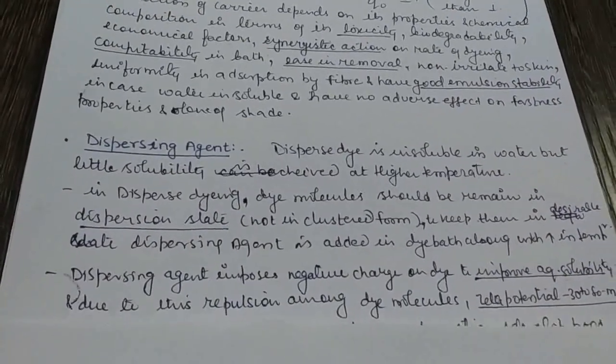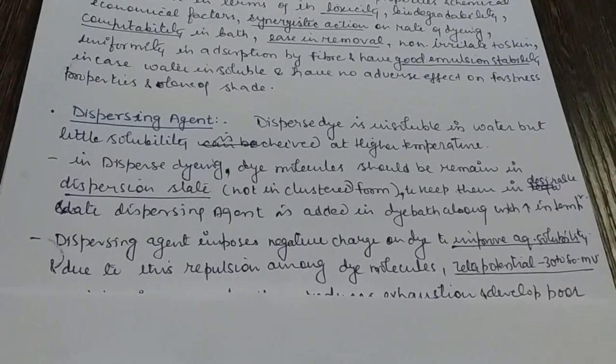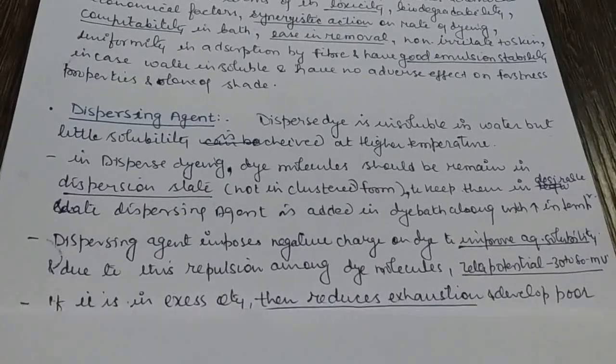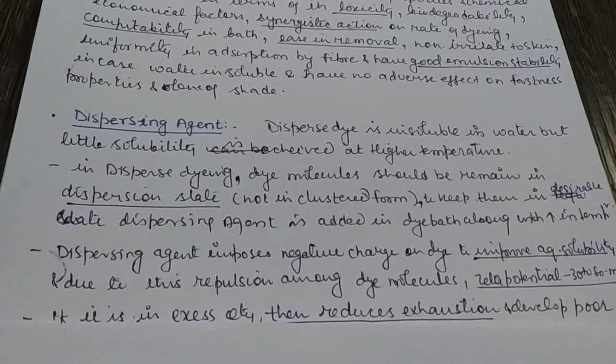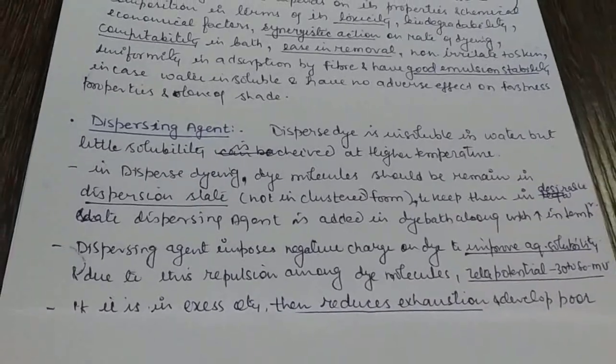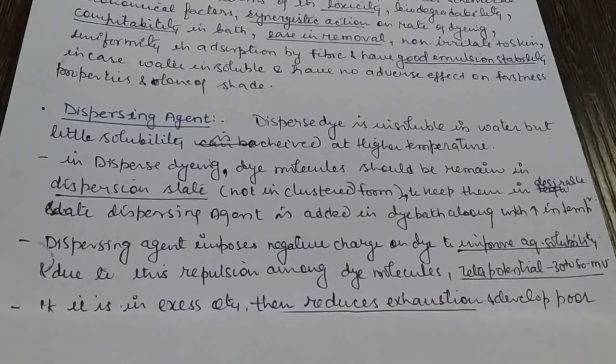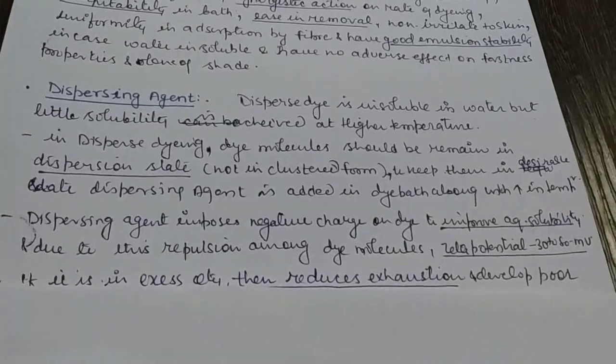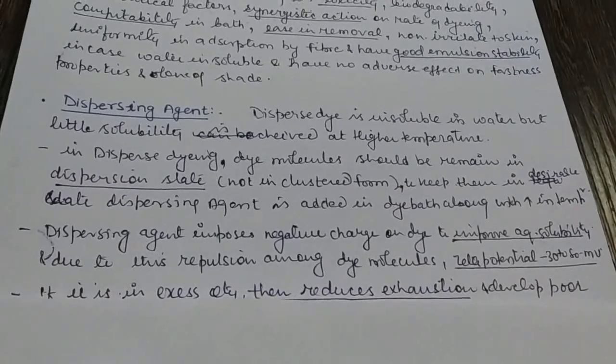Dispersing agent imposes negative charge on dye to improve aqueous solubility, and due to this, repulsion among dye molecules increases, and the zeta potential is minus 30 mV to minus 80 mV.